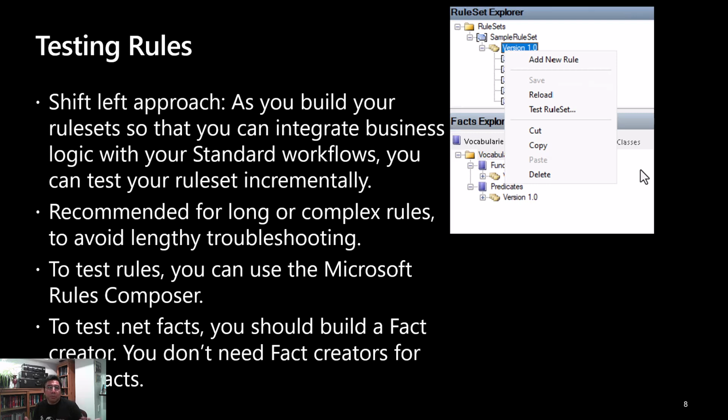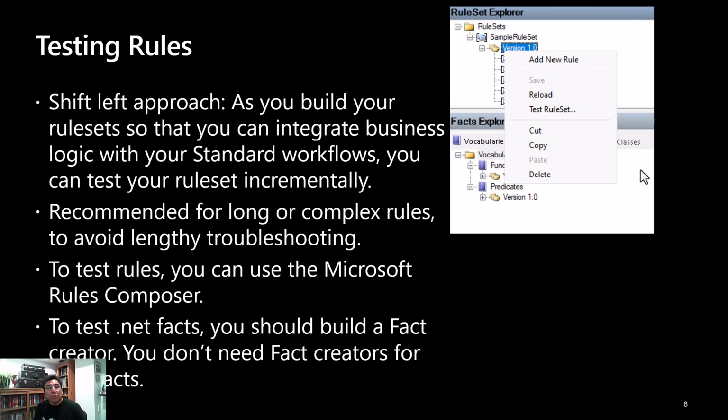You can use it with the previous rule that I just showed you, right? But there are really complex rules that use complex predicates and complex facts as well. So if you want to avoid lengthy troubleshooting, that's where you shift left, right? You bring everything closer to the design time.